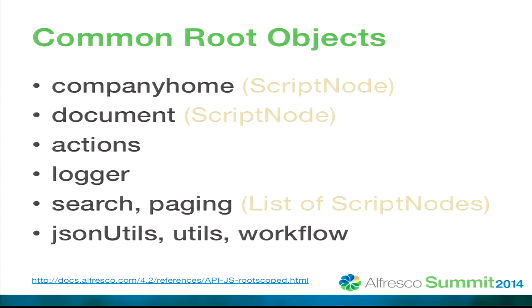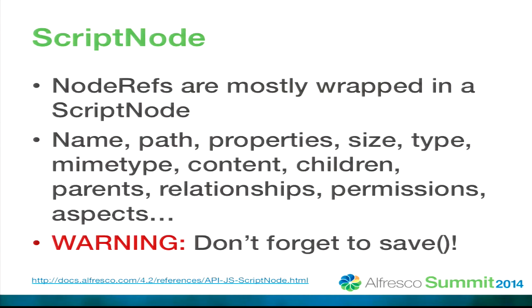You'll notice I've highlighted a couple of these things, and I've said that they are script nodes, or they return a list of script nodes. Script node is this Java class in Alfresco, which, okay, I'll take a step back. When you're doing Java development with Alfresco, typically you have this thing called a node ref. It's like a URL for a node, right? It's a string.